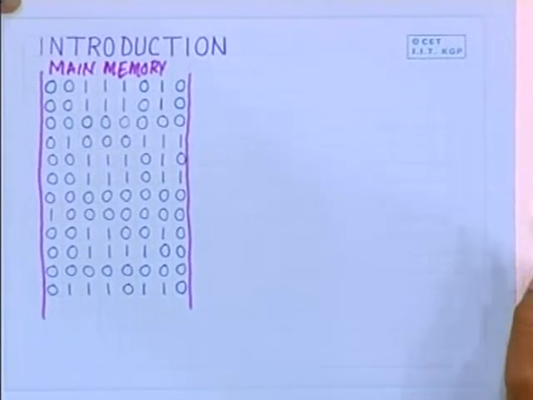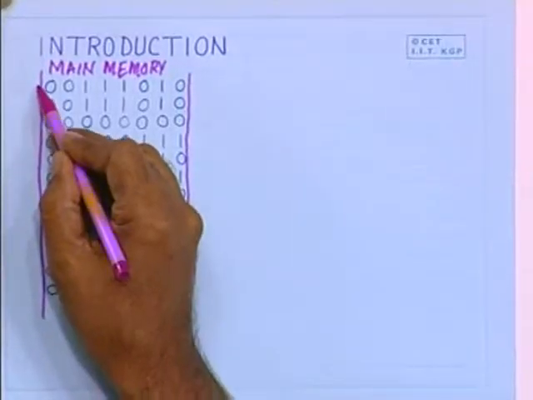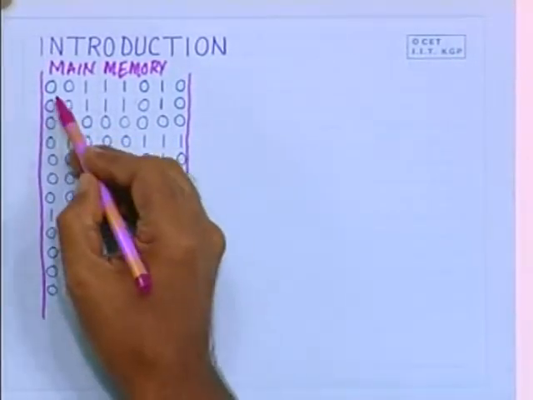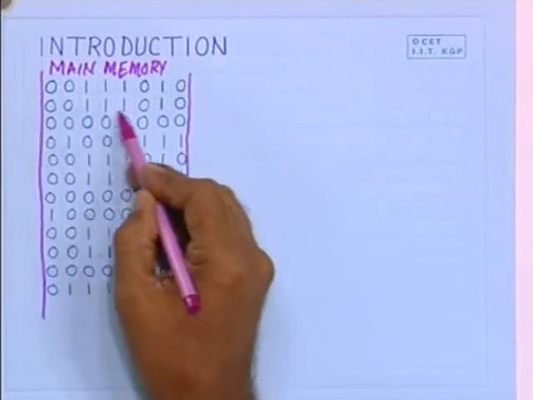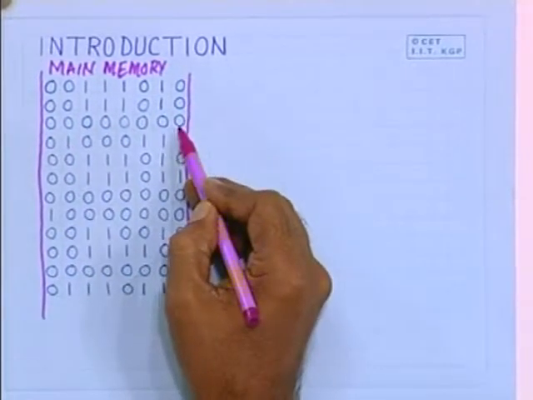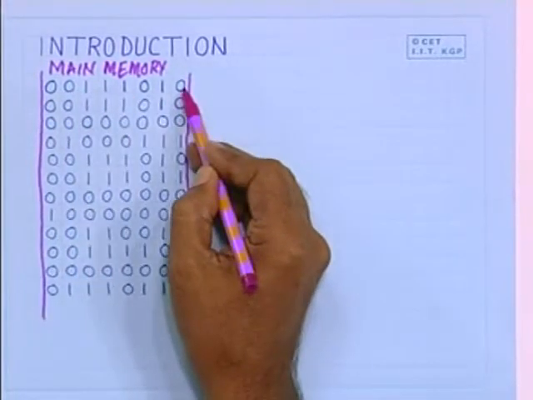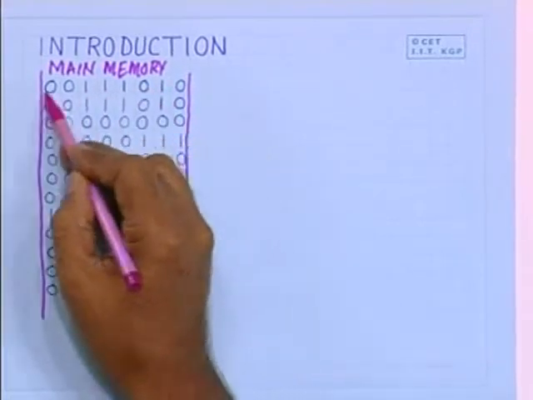Now, as you know, the memory is organized in terms of bytes. A byte comprises 8 bits, and the memory locations are addressed in terms of bytes. For example, this is one memory location, this is another memory location, this is another memory location, and each memory location stores 8 bits.